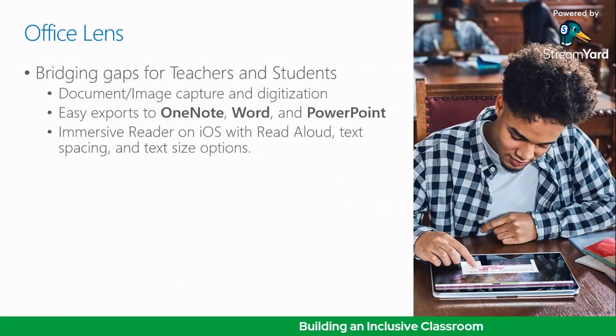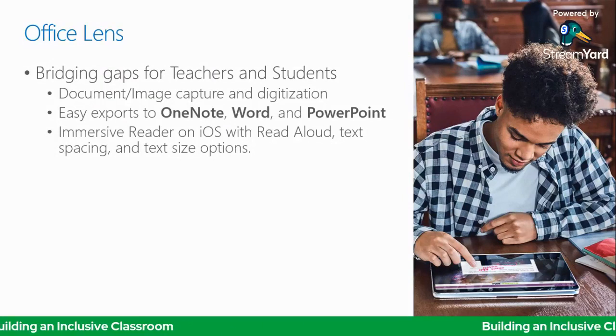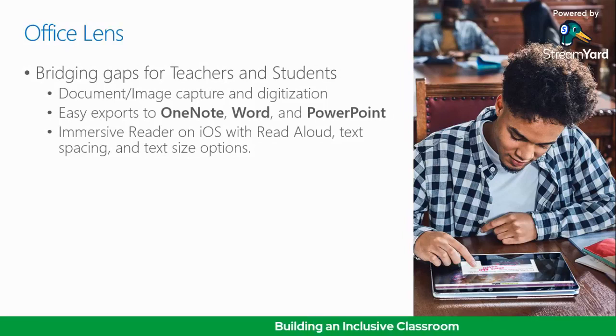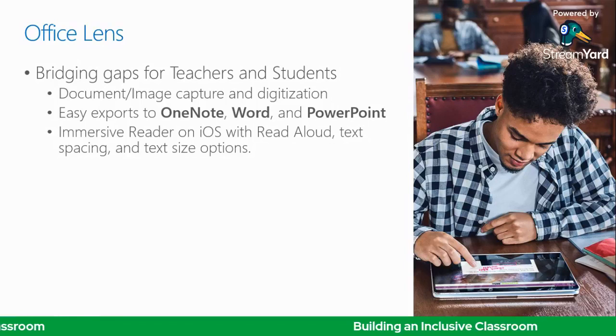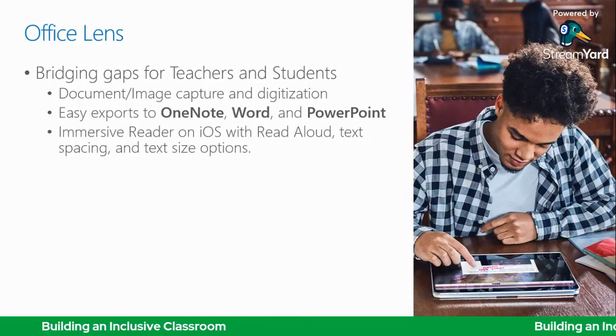So here you can make your OneNote, Word, and PowerPoint easy to export from one app to another software. Also, document image capture and digitization. Also, there's Immersive Reader for iOS with read aloud, text spacing, and text size options. So Office Lens can turn whiteboard notes into PowerPoint slides. Nice.